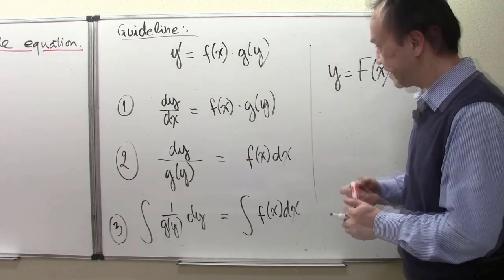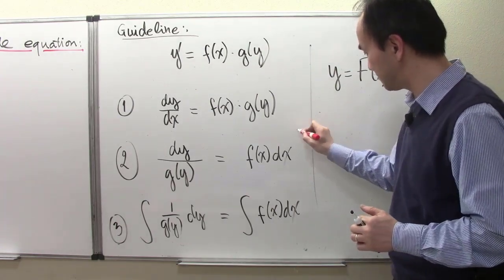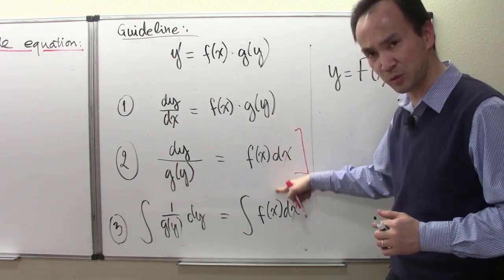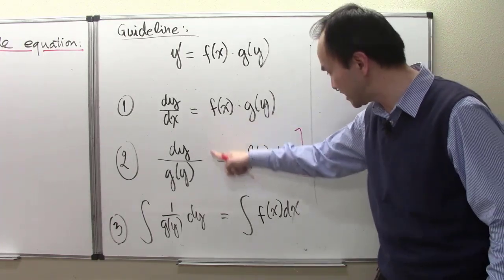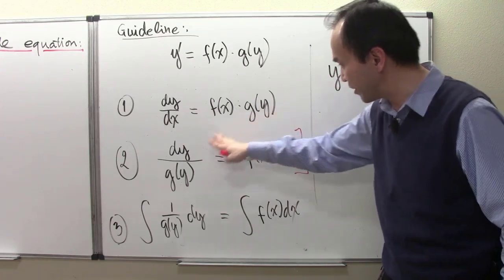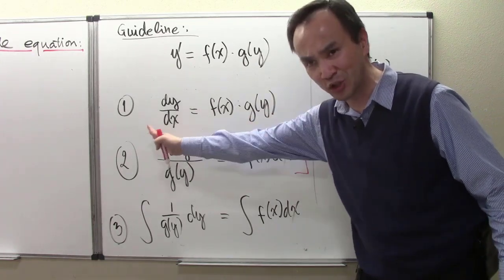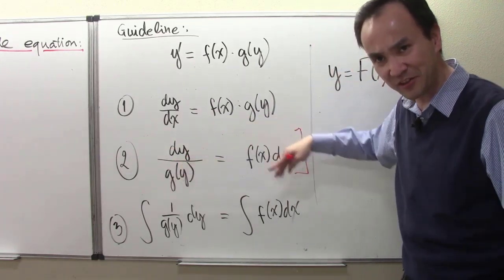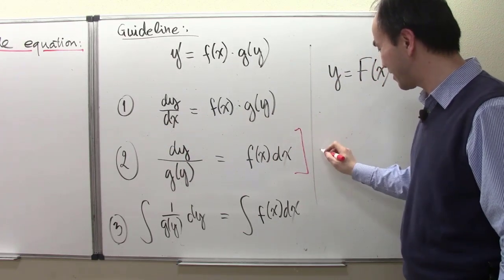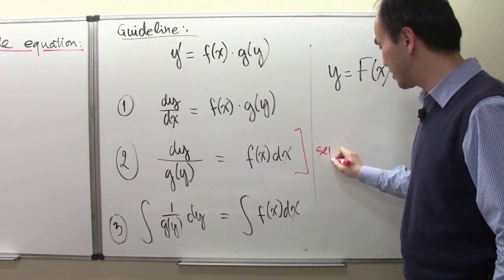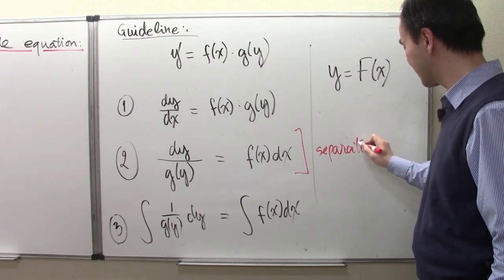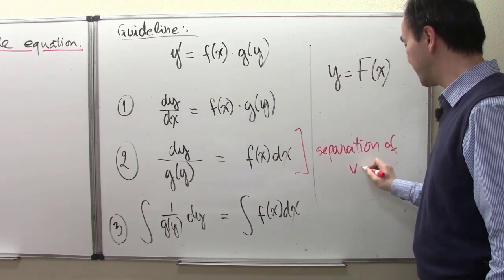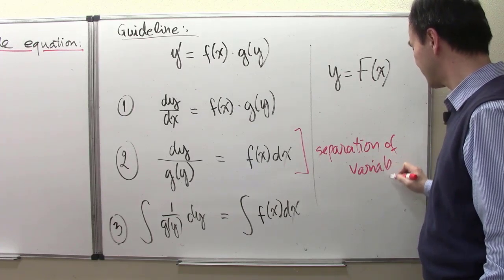Okay, and then the step right here, you will hear many textbook authors and many math professors refer to this step where you were rearranging so that all the y variables go on one side and all of the x variables go on the other side. This step is referred to as the separation of variables.